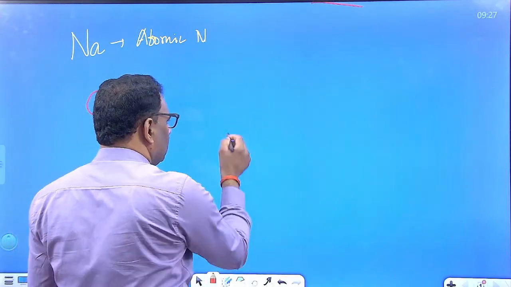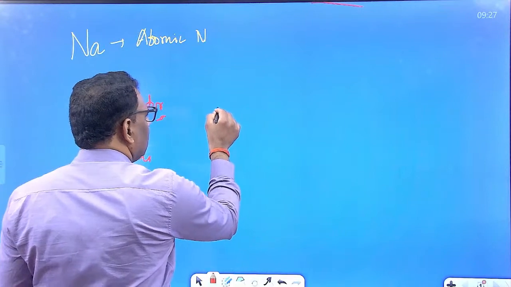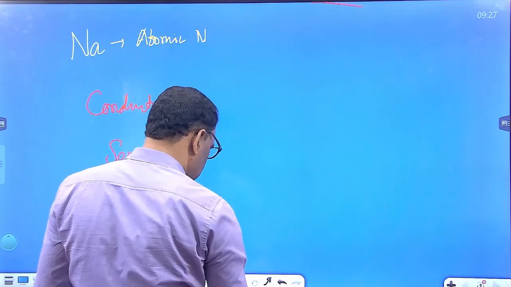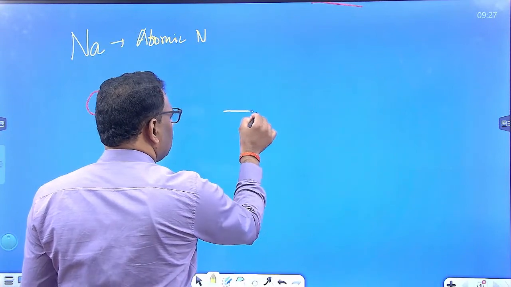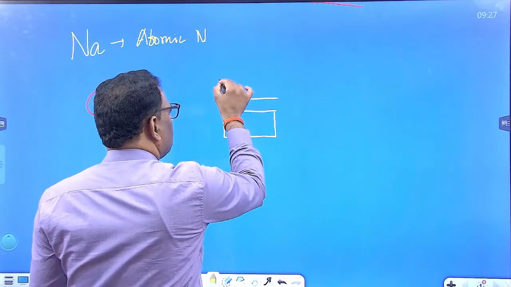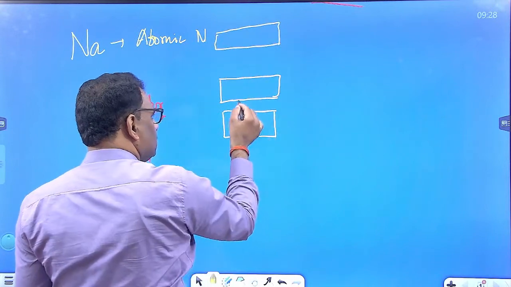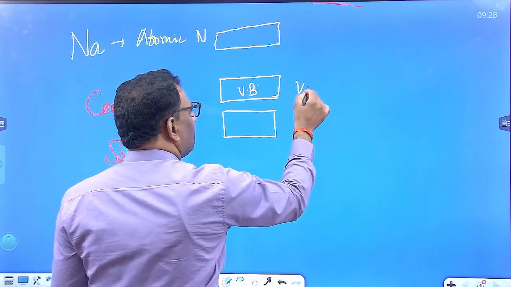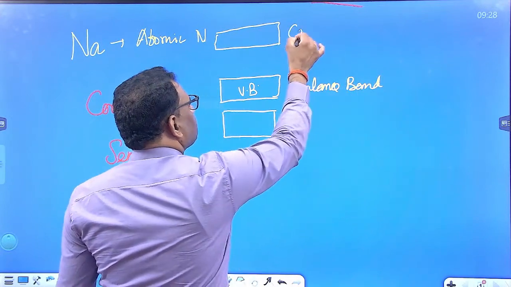So we will confine ourselves to the valence band only, and then the other band is the conduction band. So there are four possible situations. One possibility is, say we have this energy level, and this is your valence band. And this is your conduction band.